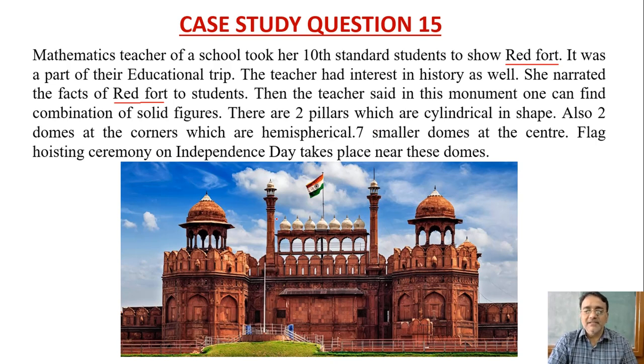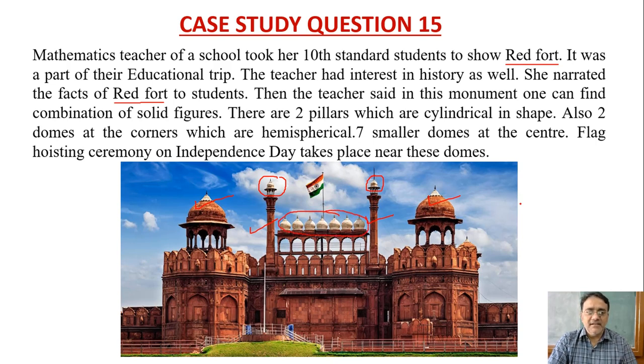There are two pillars, this one and this one, which are cylindrical in shape. Also two domes at the corners, which are hemispherical. Okay, hemispherical. This one, even this also, and seven smaller domes at the center. This one.